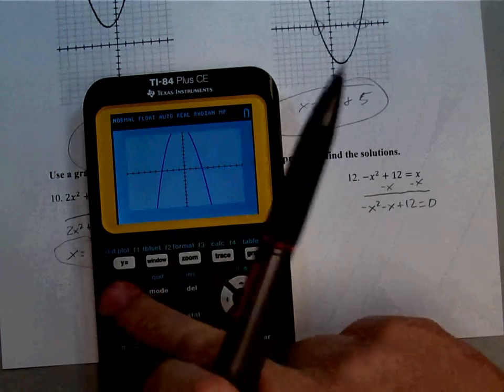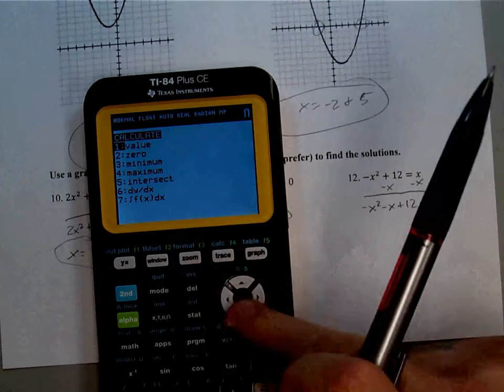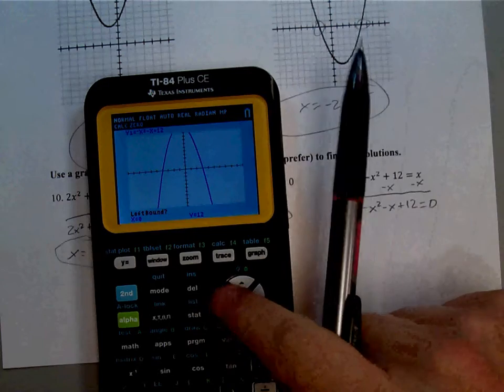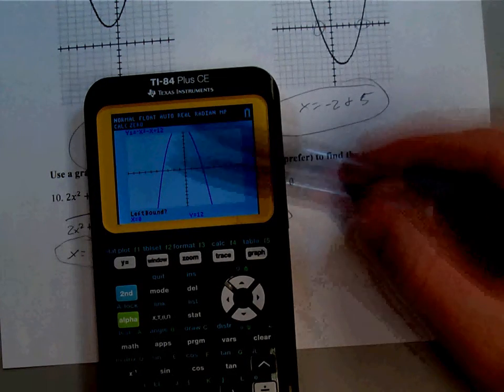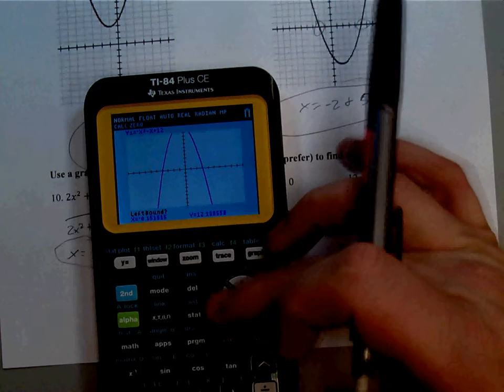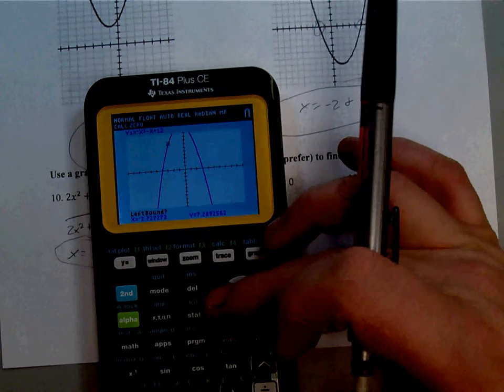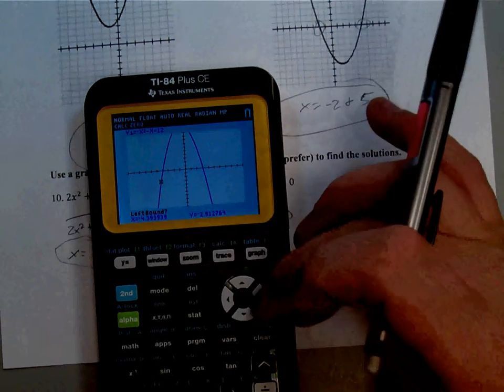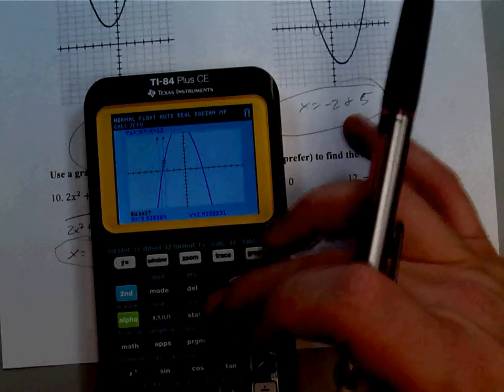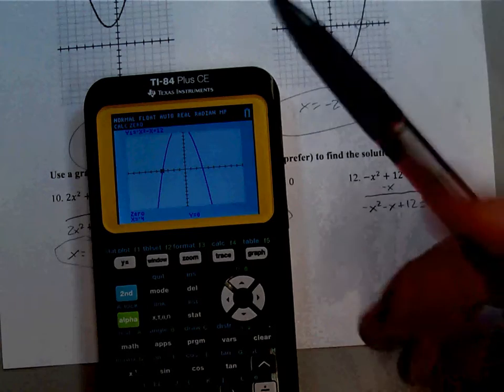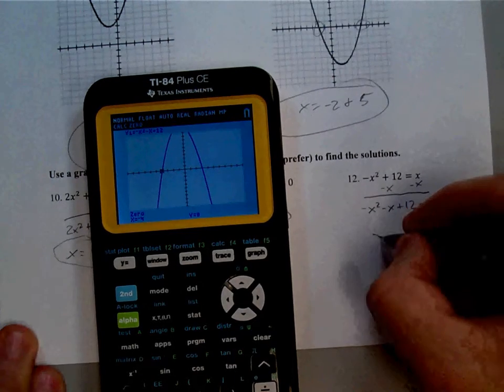I'm going to verify them. Second, calc, 0. I can't see it, but it's at 0, 12, so it's up here off the screen. I want to travel further left. There it is. Travel to the left of that one. Enter. Travel to the right of it. Enter. Guess. It says x equals negative 4.